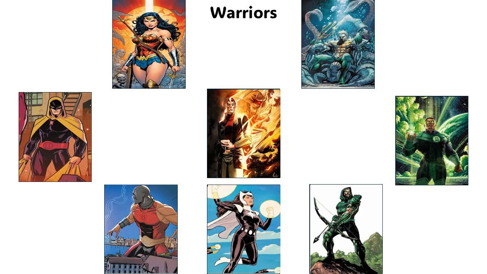Then as the extras or supporting powers, you've got Atom Smasher and Dr. Light. And then as the final character, you've got Green Arrow as the sort of wild card, but also a character to keep them grounded, and also to provide them with resources if they need any.